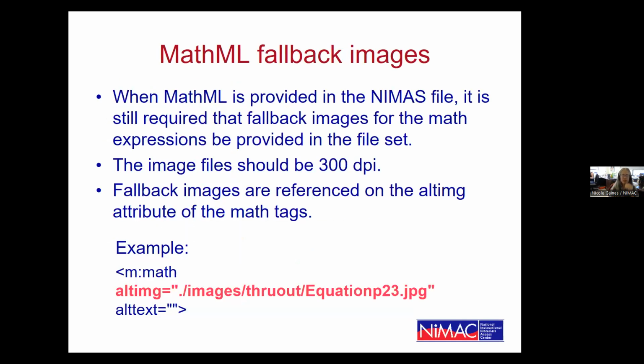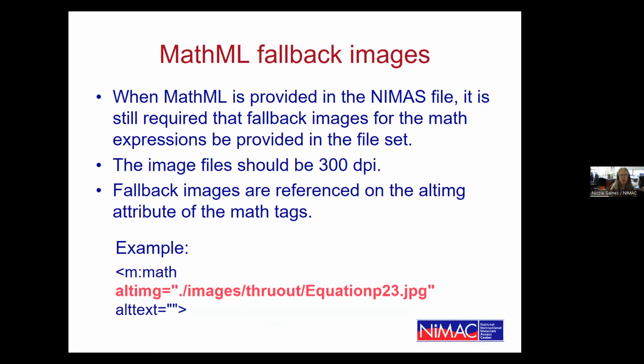Fallback images, this is a really important piece. If you do submit MathML in your file, it is still required that fallback images be provided in the file set. And the practical reason for this is simply that while we really value MathML, not all software can work with MathML yet. So we do need to ensure that for folks who are using conversion software that can't handle MathML, there's another option.